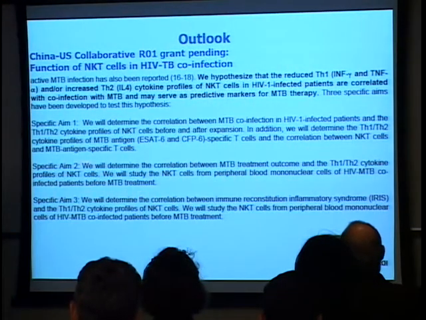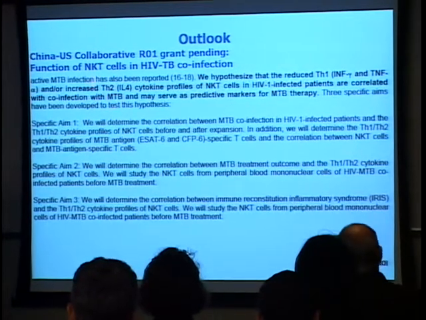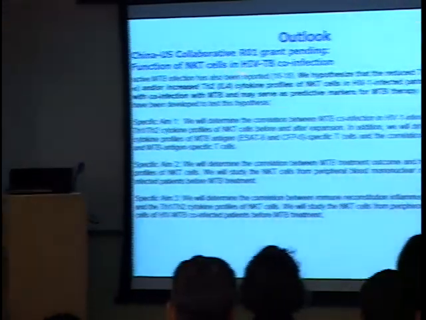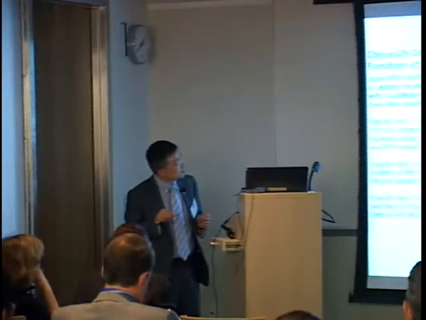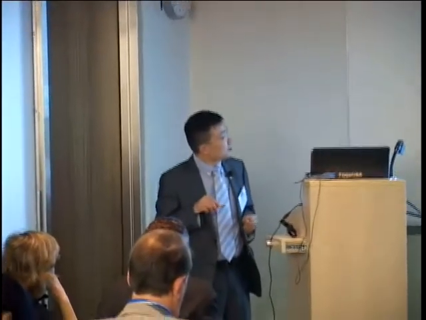So the outlook is, again, I show this slide again. We hope to study the function of NKT cells in HIV-TB co-infected patients, and to study the correlation with the co-infection and the treatment outcome of the co-infection.